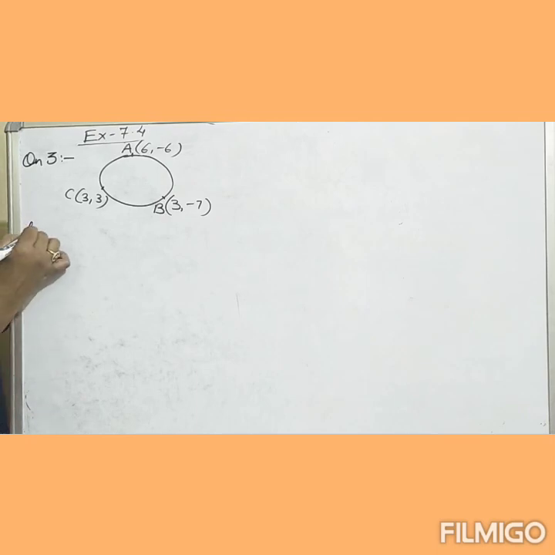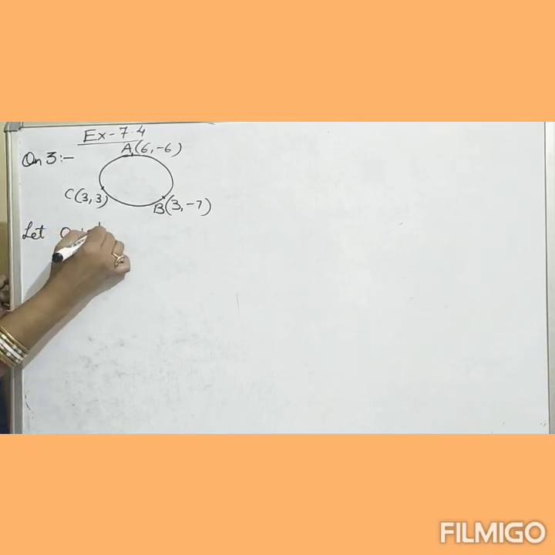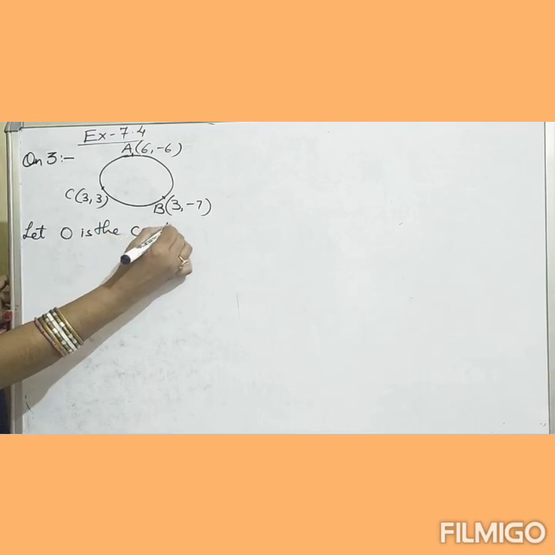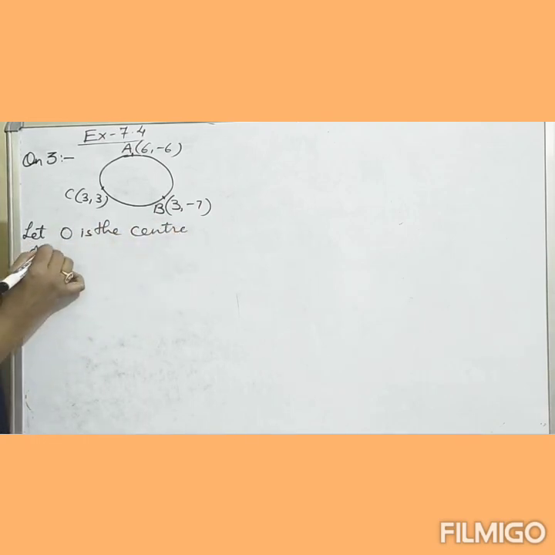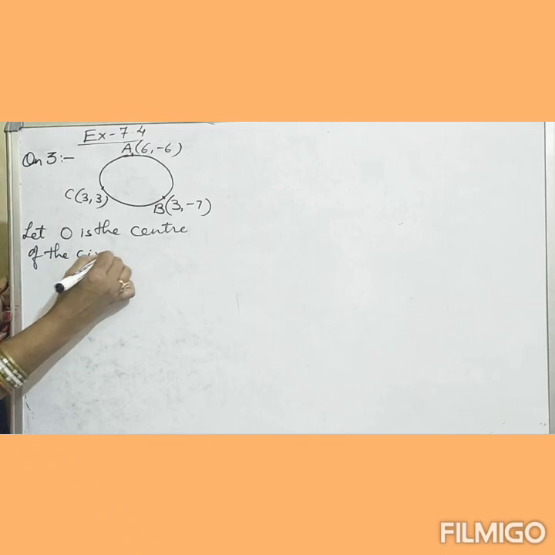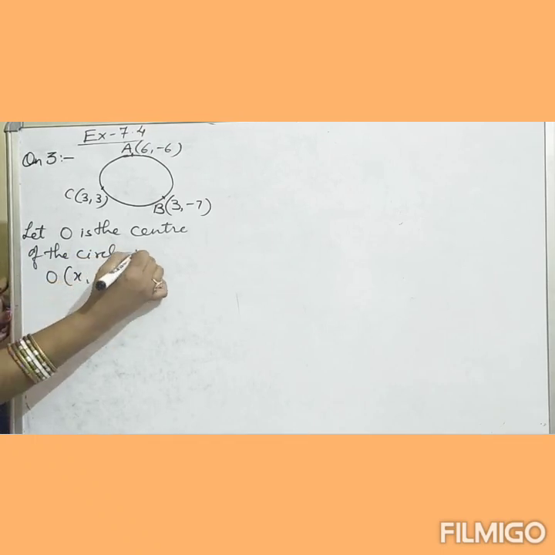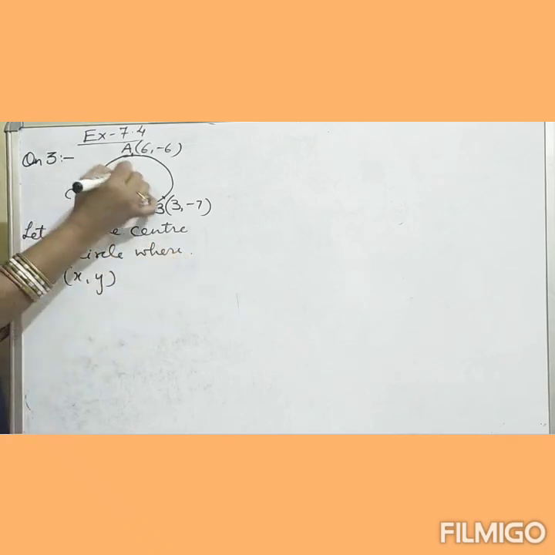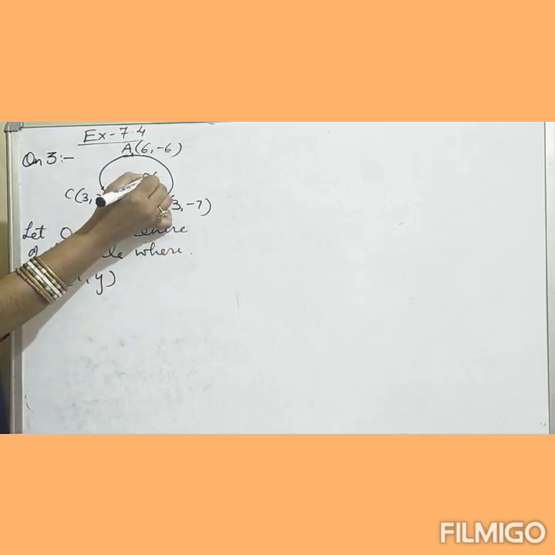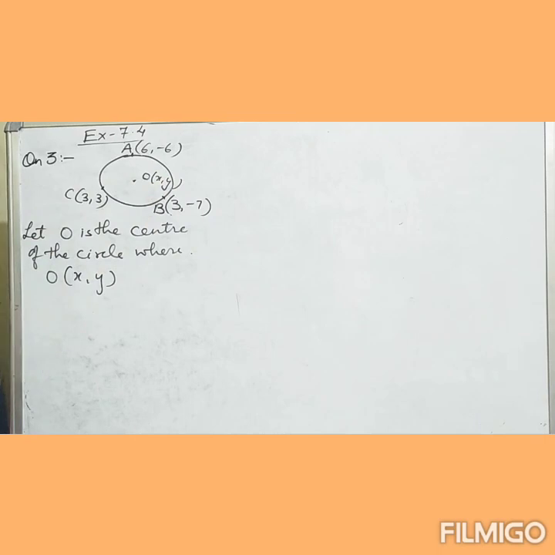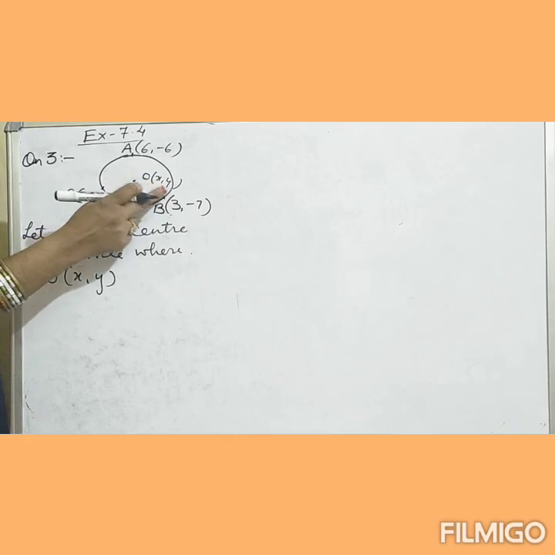Let O be the center of the circle, and O is (x, y). Let us suppose this is the center and it has the coordinates (x, y), and we have to find out x and y. That means we should have at least 2 equations, because there are 2 unknown values.